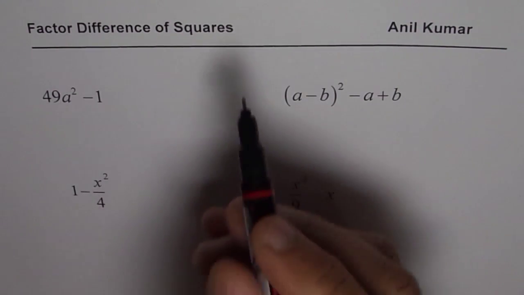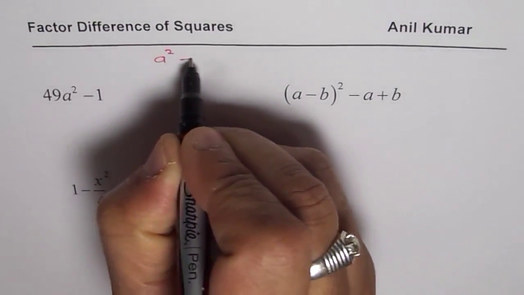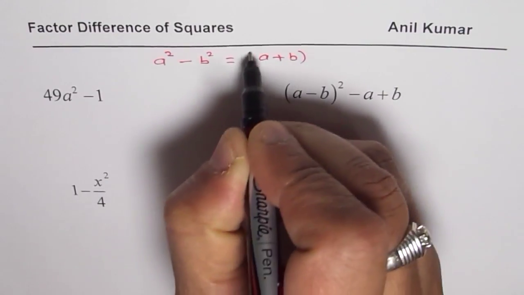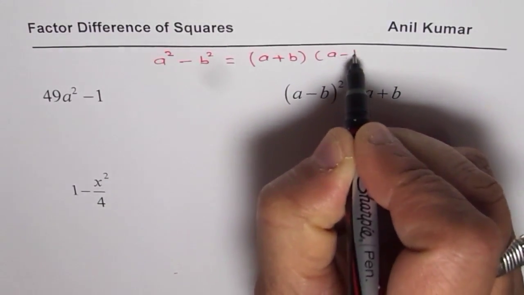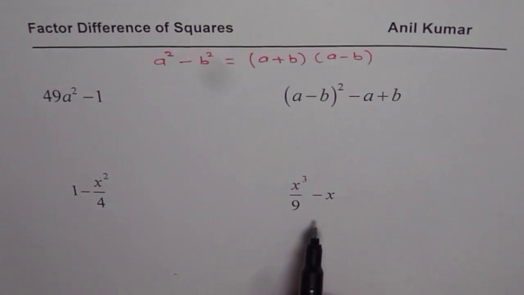I hope you remember the formula for difference of squares. It is a square minus b square is equal to a plus b times a minus b. That is the strategy to factor these four expressions.